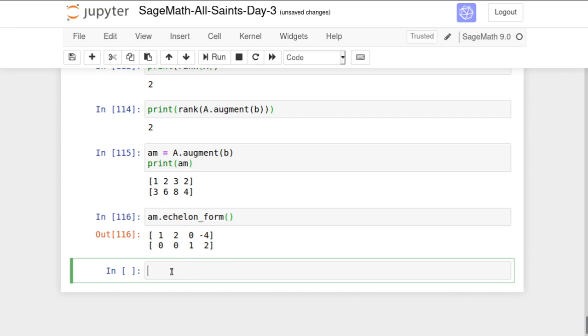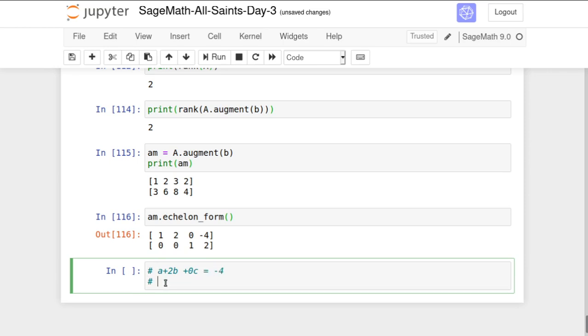The interpretation is a plus 2b plus 0c is equal to minus 4, and 0a plus 0b plus 1c equal to 2.